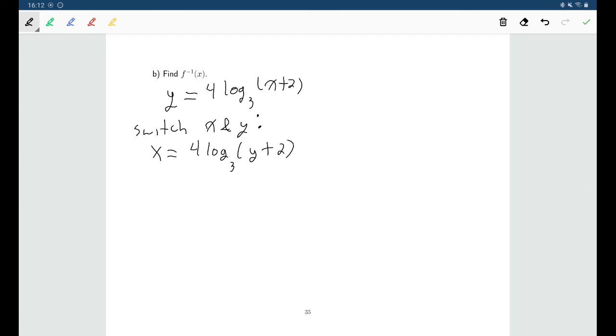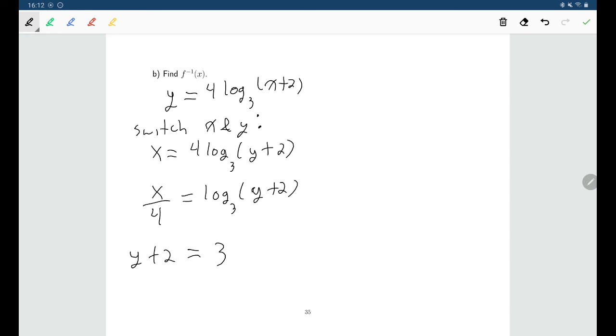So let's do this. If I wanted to solve for y, the first thing I would do would be to divide both sides of the equation by 4, just to isolate that logarithm. And now I've got log base 3 of something on the right-hand side. I could rewrite this as an exponential equation with base 3, just swapping out my input and my output. For the log function, the input was y plus 2, so for the exponential function, the output is y plus 2.